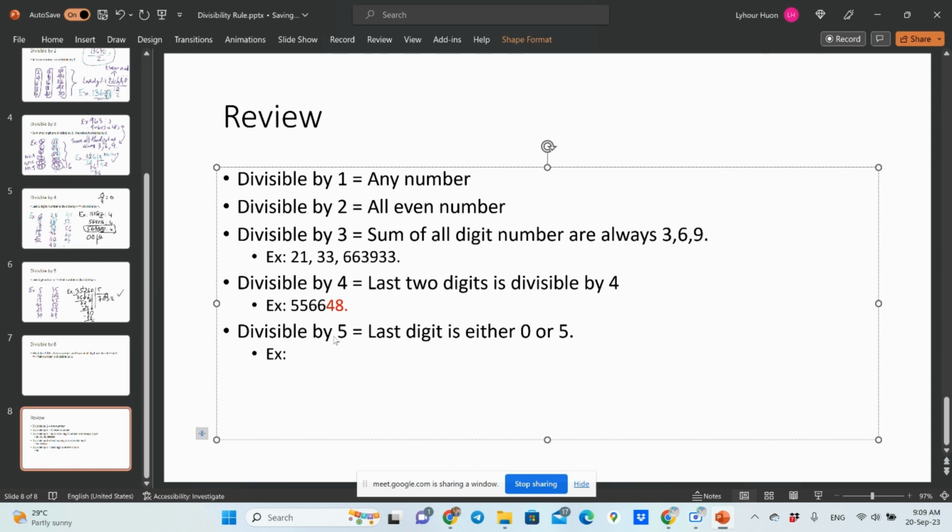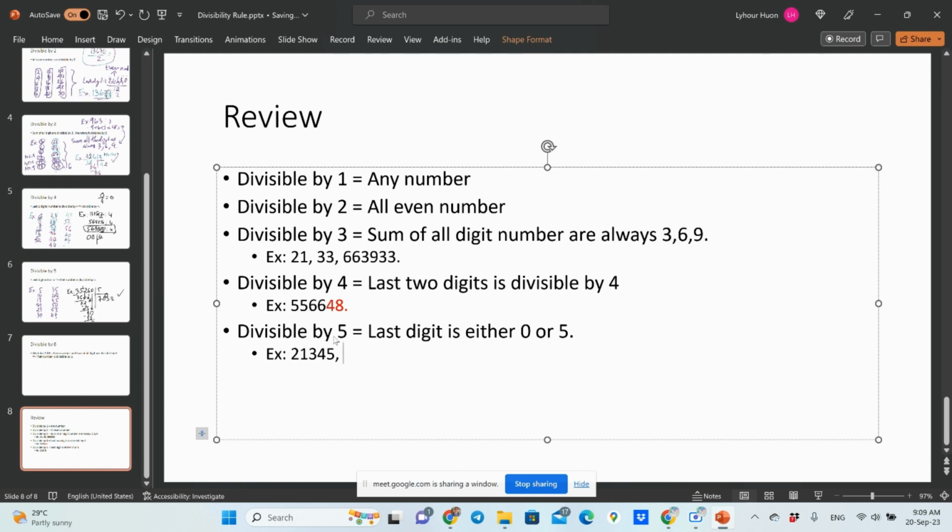Can you give two examples? 2,430, 145. Okay, one more example with 0.